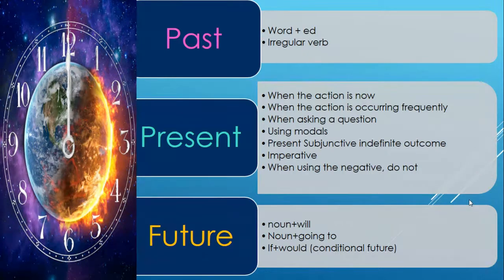Okay, that's a little bit more complicated in the future. But here, just remember, if you want to keep it simple, noun plus will, noun plus going to, and here it's if you have a condition. For instance, si me pegaran la lotería, yo fuera rico. This is si y fuera. Okay?